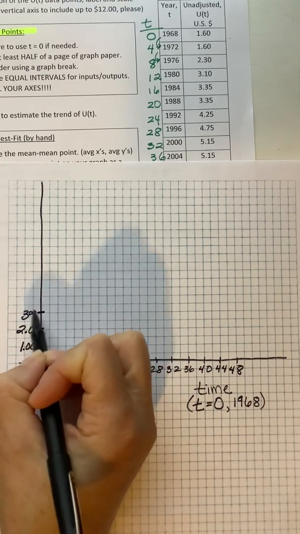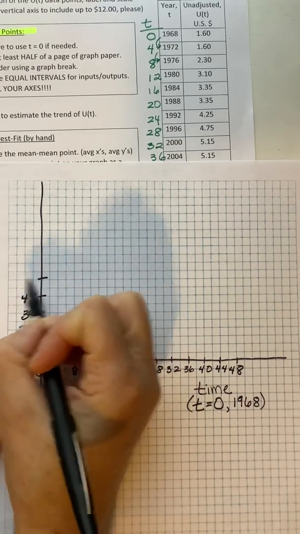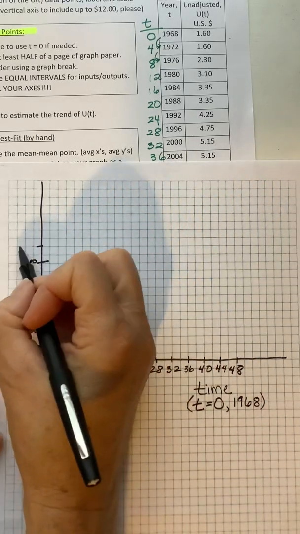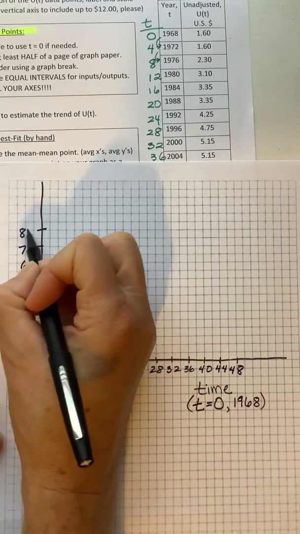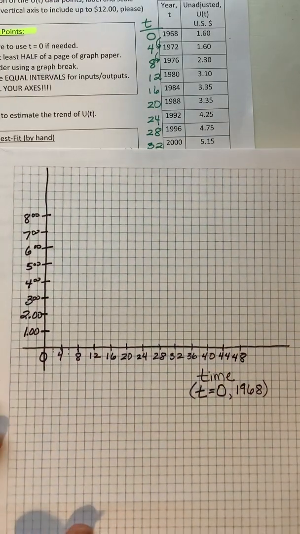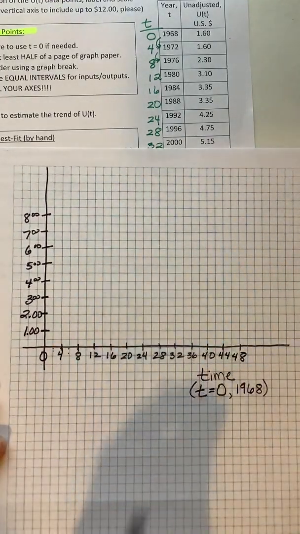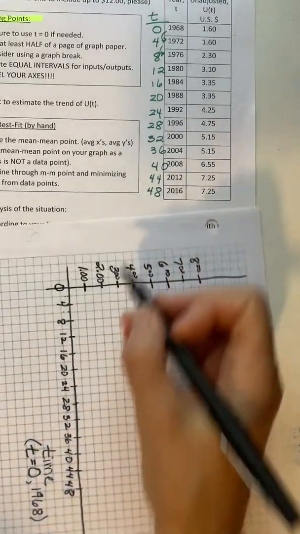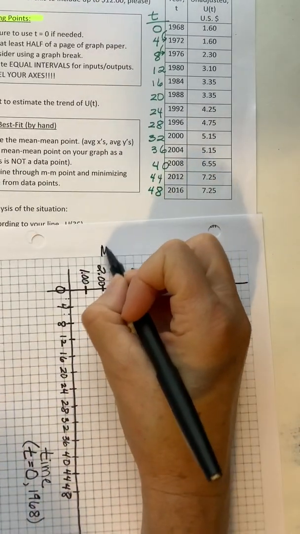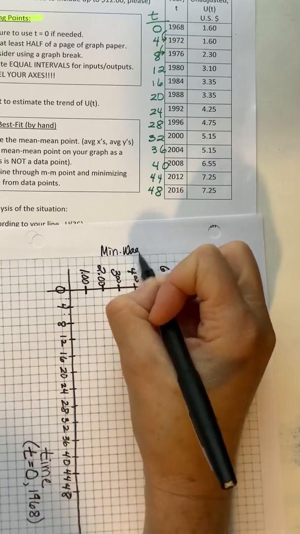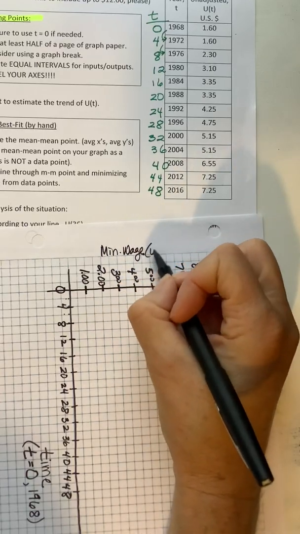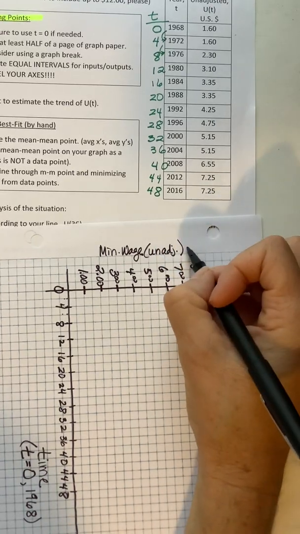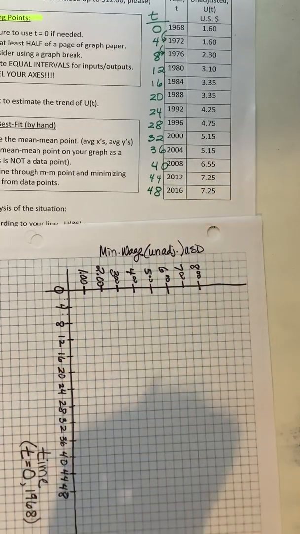Skip one, $3, $4, $5, $6. As long as I get halfway or more, I'm good to go. $7, $8. The highest minimum wage I have is $7.25, so $8 is gonna work. And now, of course, I'm going to label my axes. So this is the minimum wage, federal minimum wage, unadjusted for inflation, and this is in US dollars.